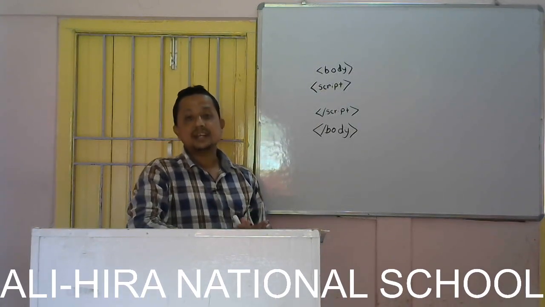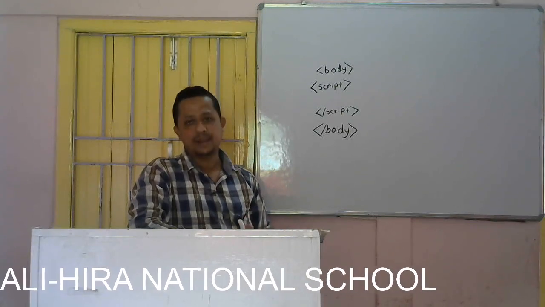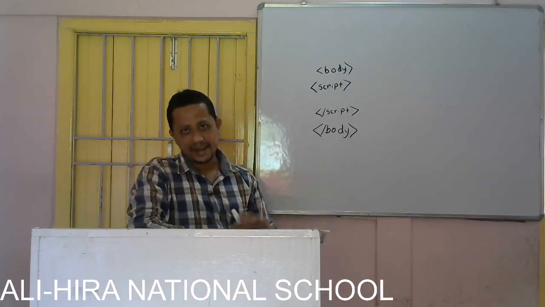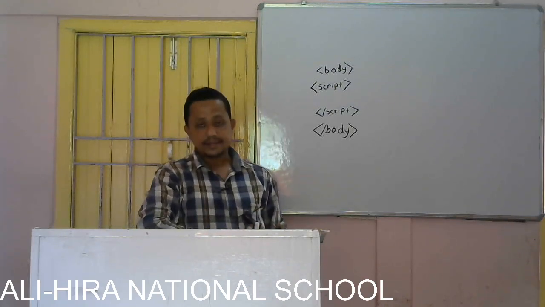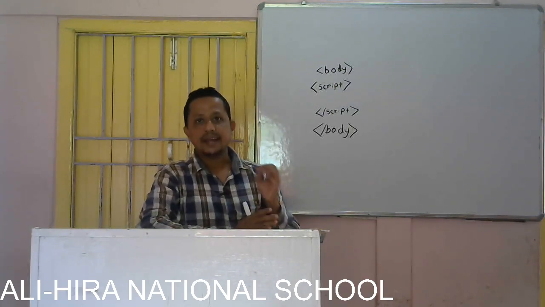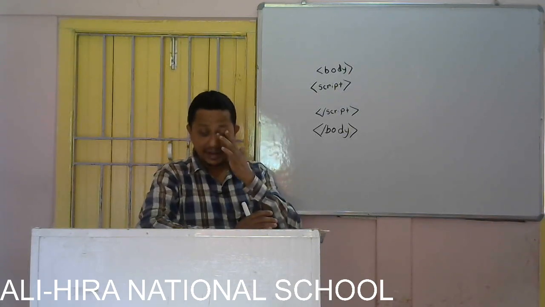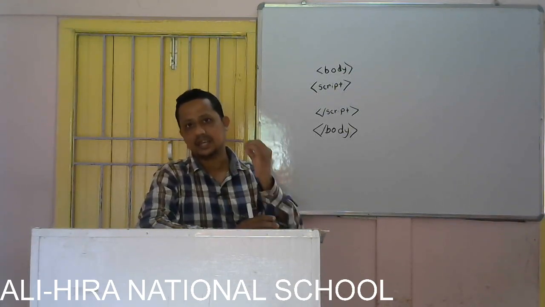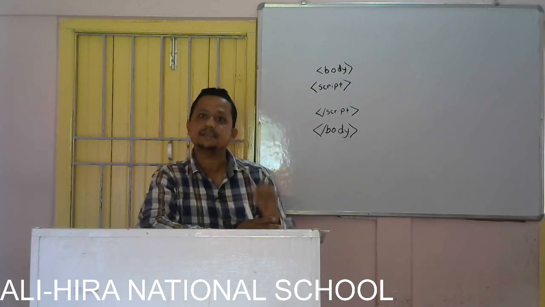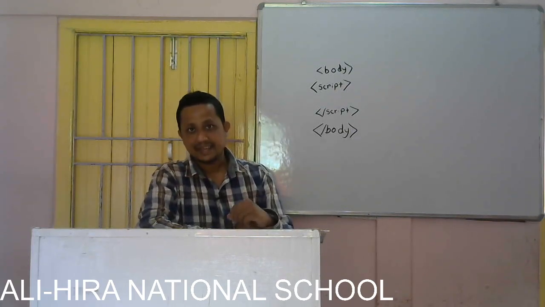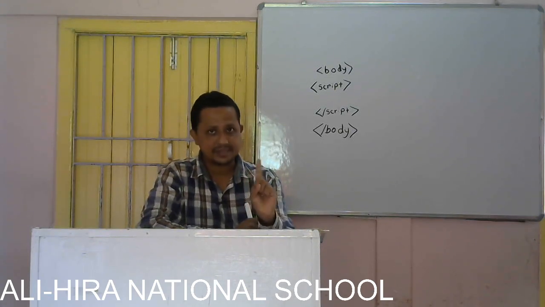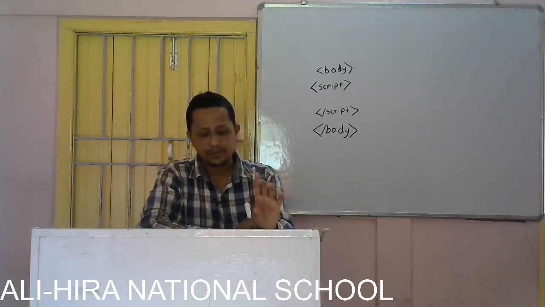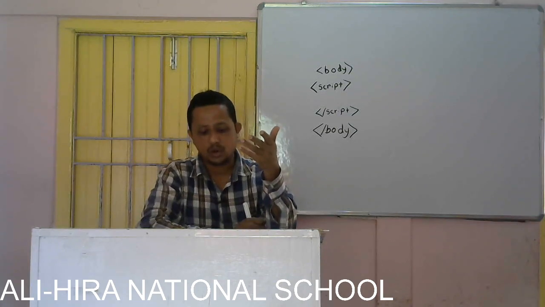Now JavaScript has two main attributes. One is language, another is type. The language attribute describes the scripting language used, and basically the scripting language we use is JavaScript. The type is the attribute which contains the scripting language type.